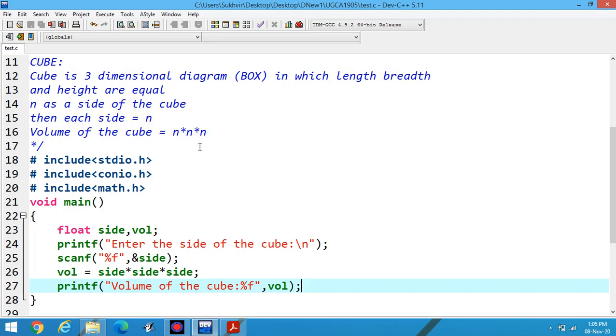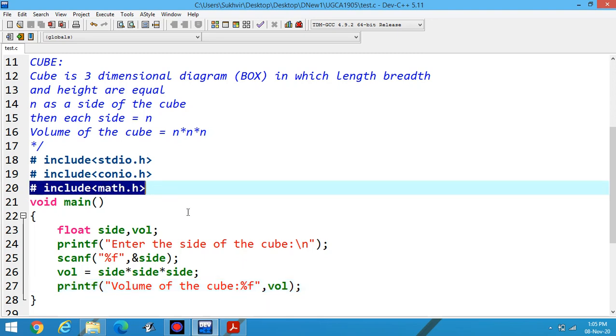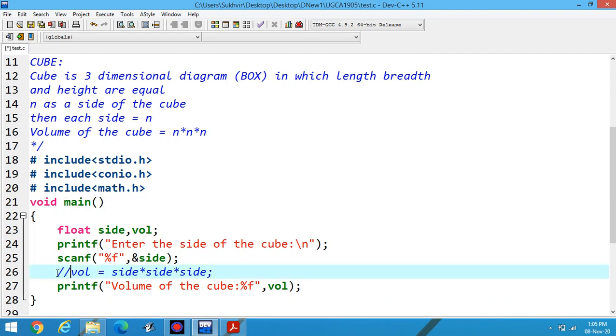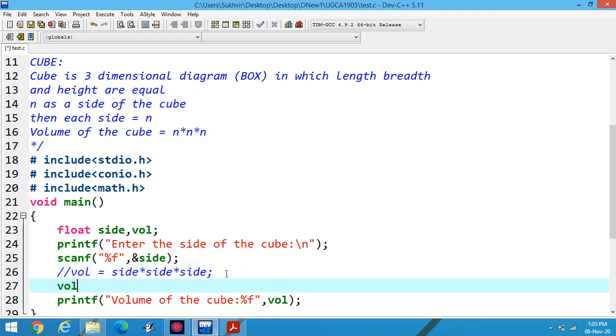And another thing related to this one is math.h. Now what about math.h? If I have to apply this header file, then I can write volume is equal to power function. Then inside two variables are required.